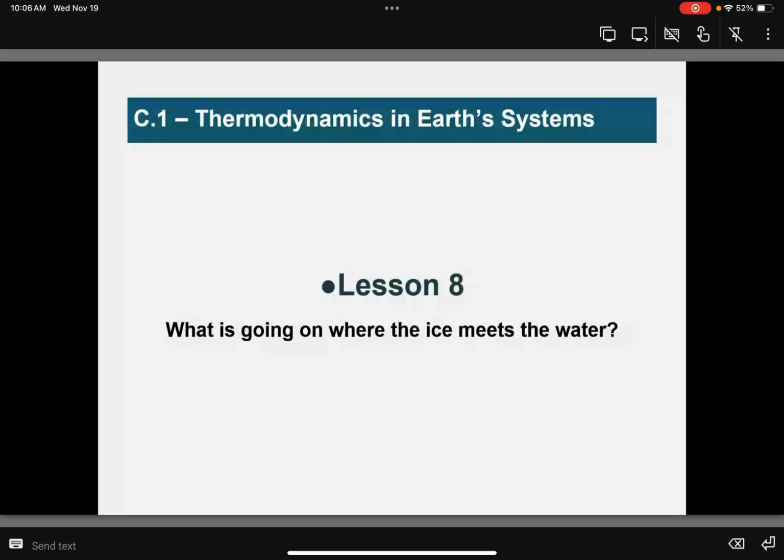Okay. Rather than it hitting the surface of the earth, what happens when sunlight hits the surface of the earth? It absorbs it. Okay, so energy can be absorbed by the earth and the materials that are on the earth, and it can also be reflected.